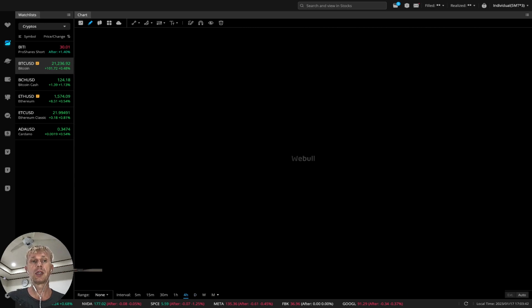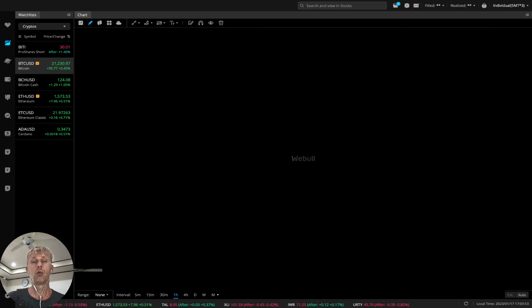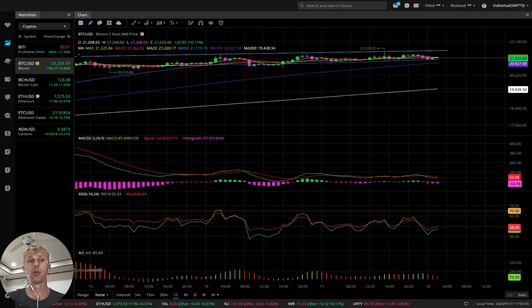On 4 hours, they already have bearish divergences, and they switch to kind of bearish signal on 4 hours and 1 hour. They want to have some correction on 1 hour and 4 hours time frame with bearish divergences.